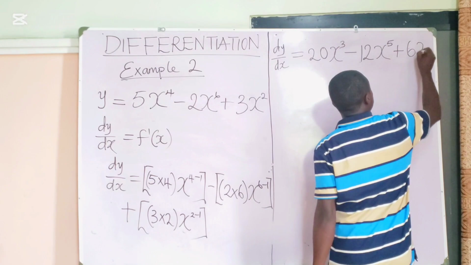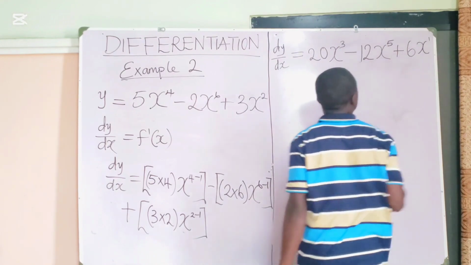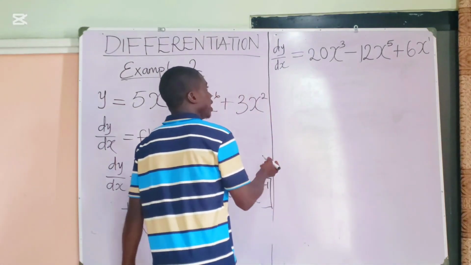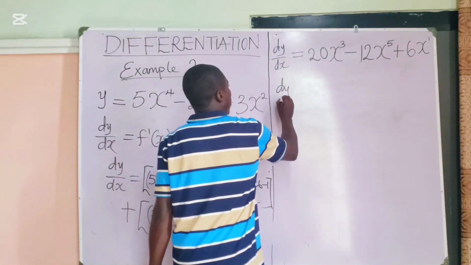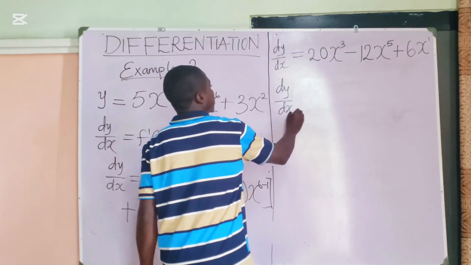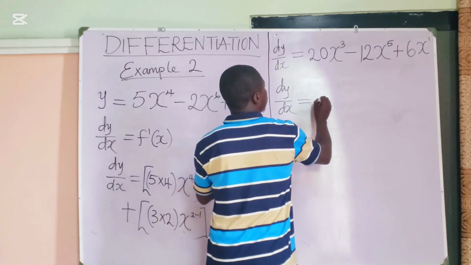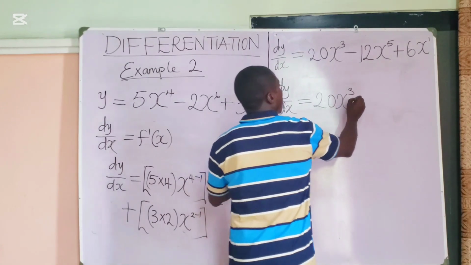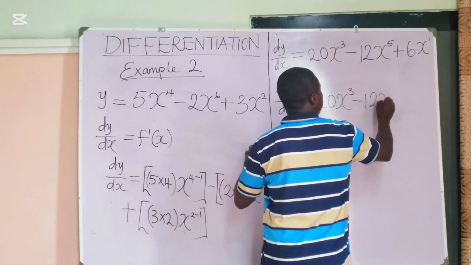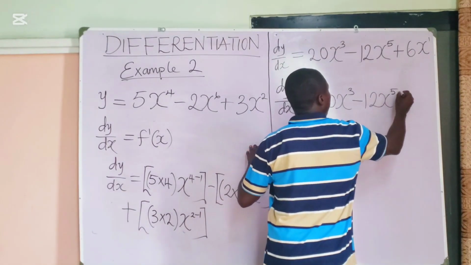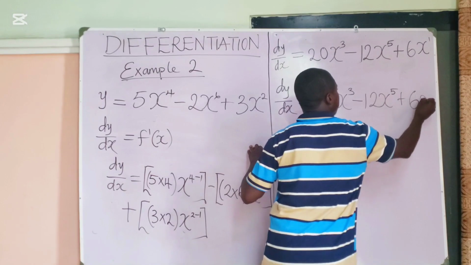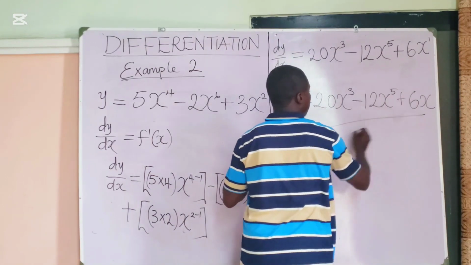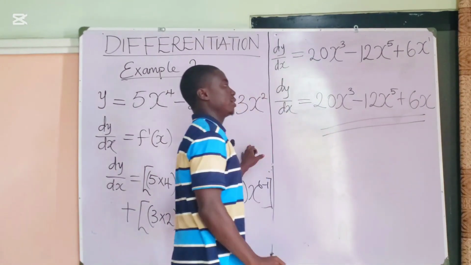So we have 6x raised to the power 1. So therefore, dy all over dx is equal to 20x raised to the power 3 minus 12x raised to the power 5 plus 6x. So this is our final answer.